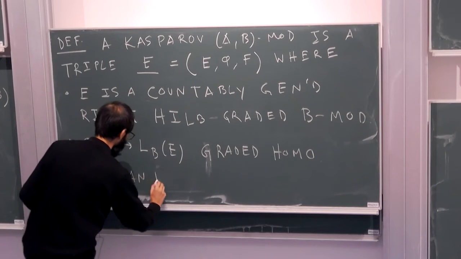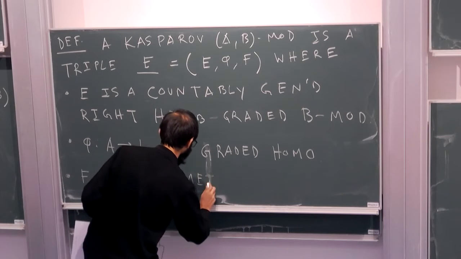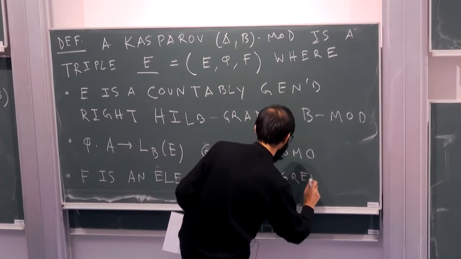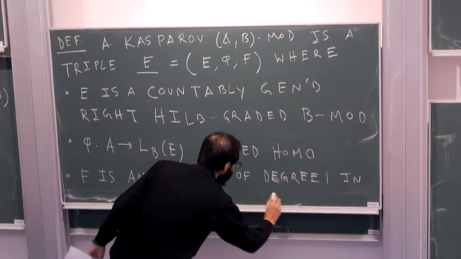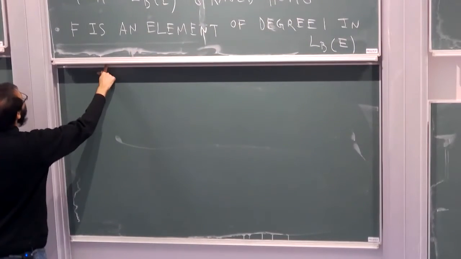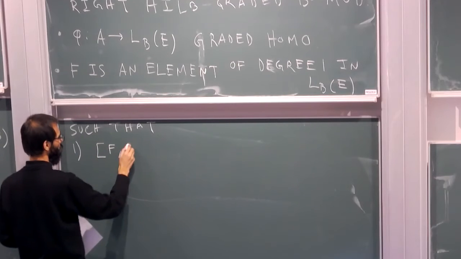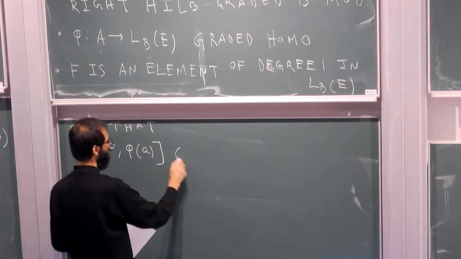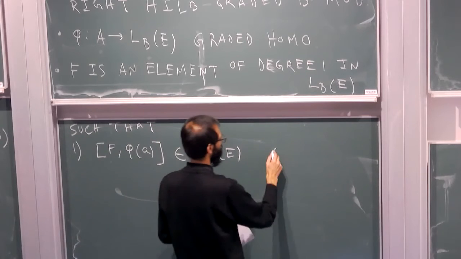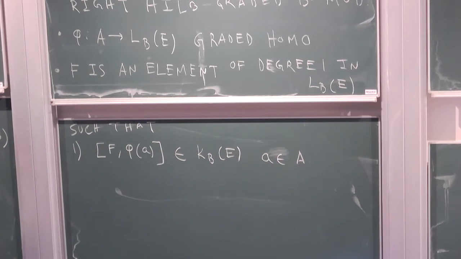F is an element of degree 1 in the adjointable operators such that the graded commutator of F with each phi(a) is infinitesimally small, so these are compact operators, with a in A. So this says that F almost commutes with the left A action, which is given by phi.